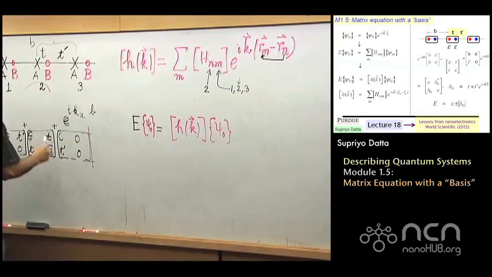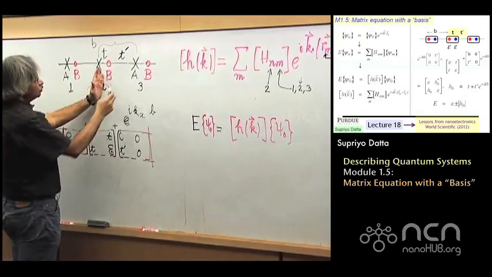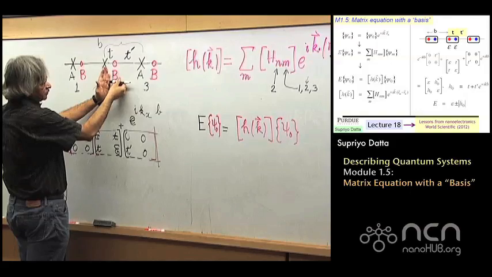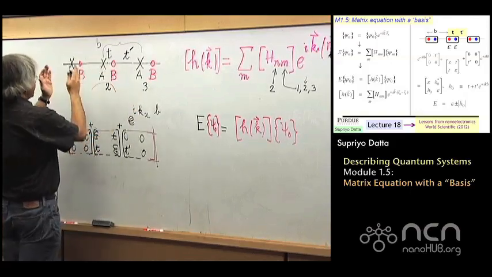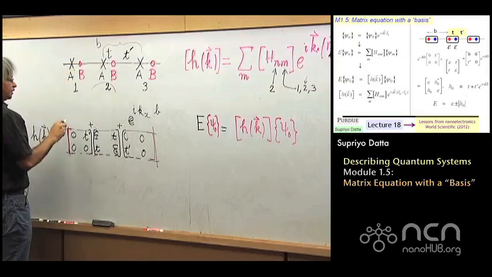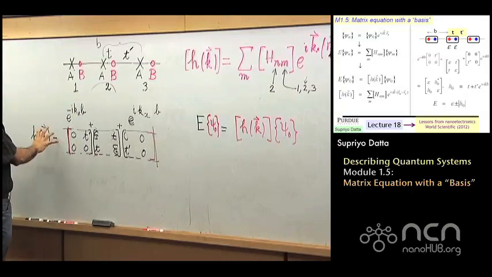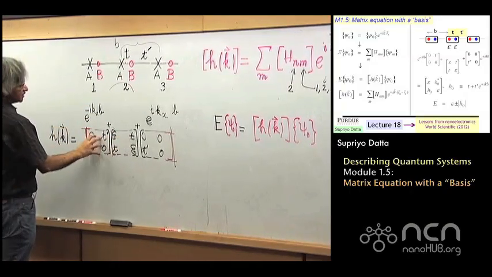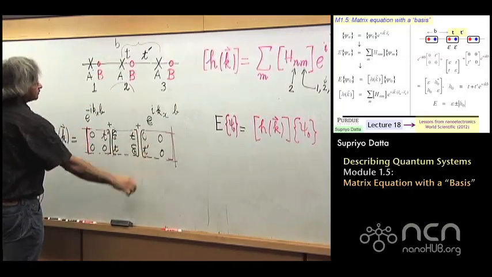So in this case, it's the vector that runs from 2 to 3. So that's the positive one. On the other hand, when I'm writing this one, that's when it runs from this one to this way. And so you'll have e to the power minus i k_x b. So the overall H matrix then is this plus this times the phase factor, plus that times the phase factor.